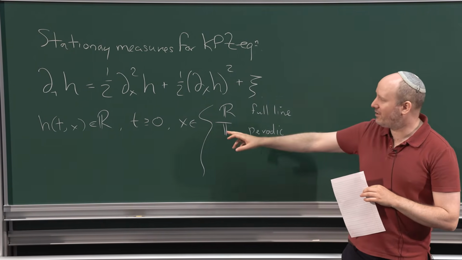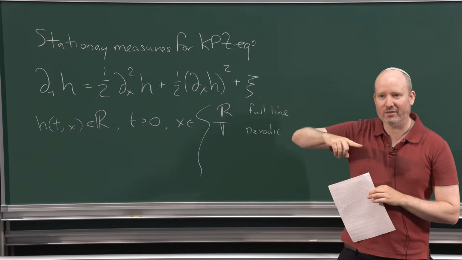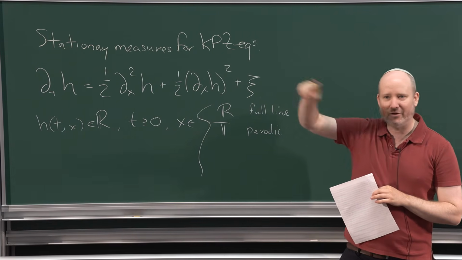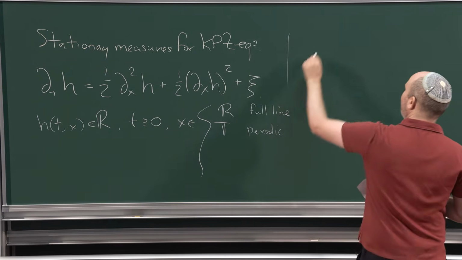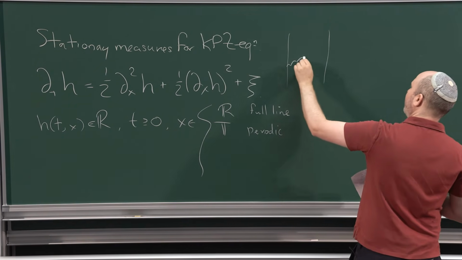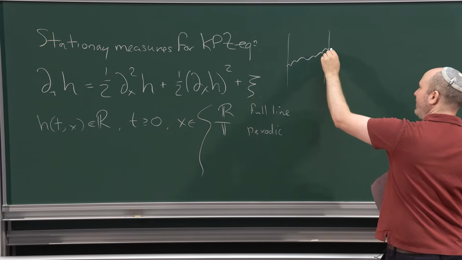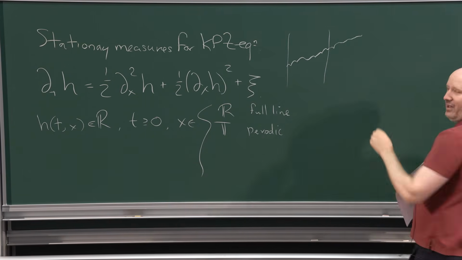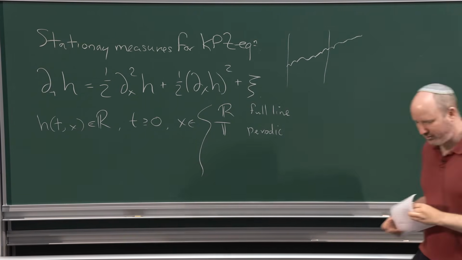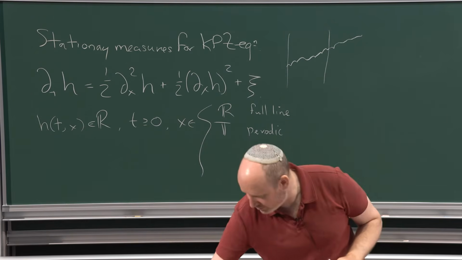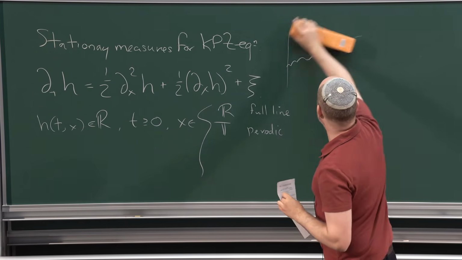There's actually interesting stuff in the periodic model. You don't actually need h to be periodic. You just need the monodromy of h. You could have a model where h wraps around like that, and then you imagine that you just replicate that periodically. So you don't actually need to have slope 0 for periodic KPZ.